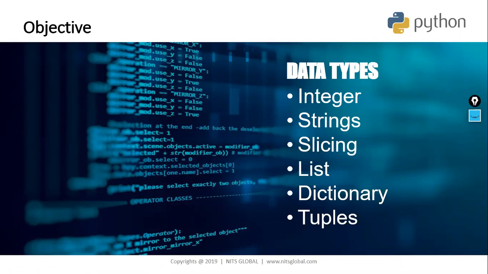Similarly in Python, when you want to write a program or a script, a few things you must know. The most important thing in Python which you must know is the data type.